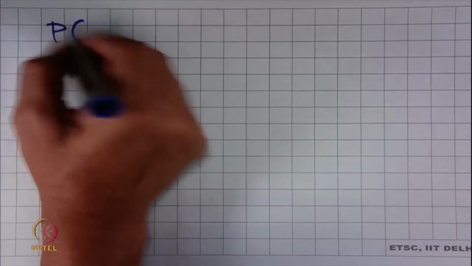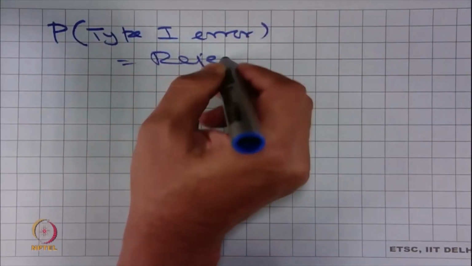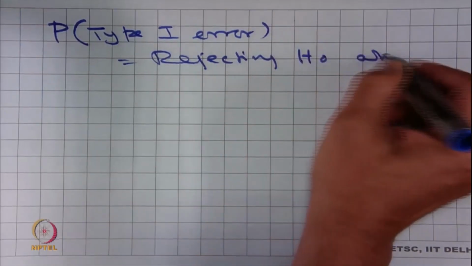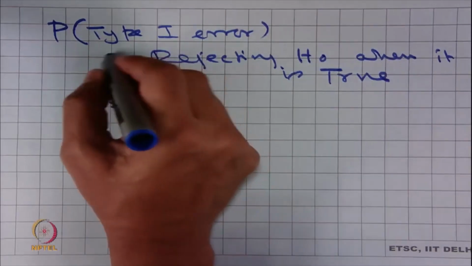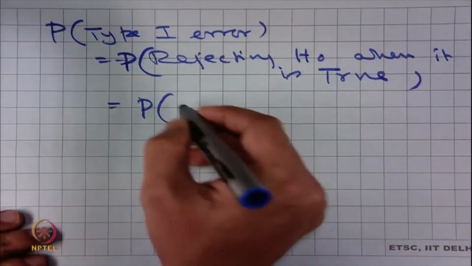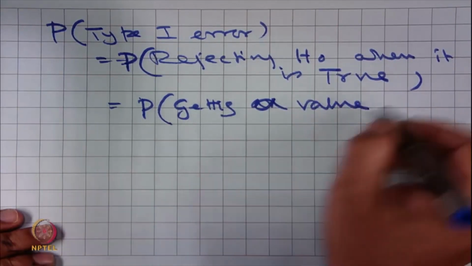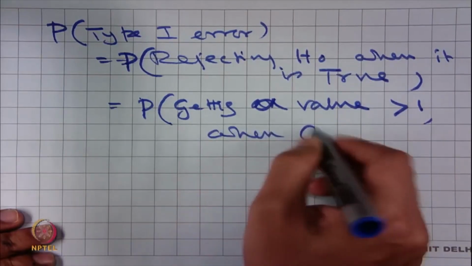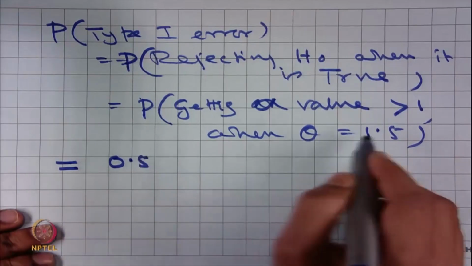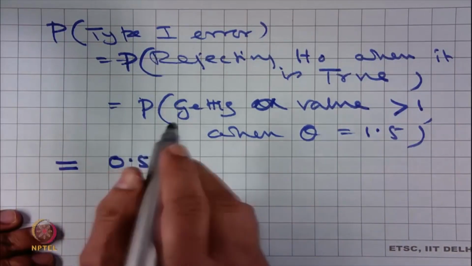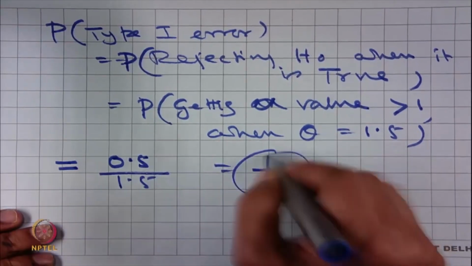So, probability of type 1 error is equal to rejecting H naught when it is true, which is the probability of getting a value greater than 1 when theta is equal to 1.5, because the value of x will lie between 1 to 1.5, upon 1.5, is equal to 1 by 3. So, this is my alpha.